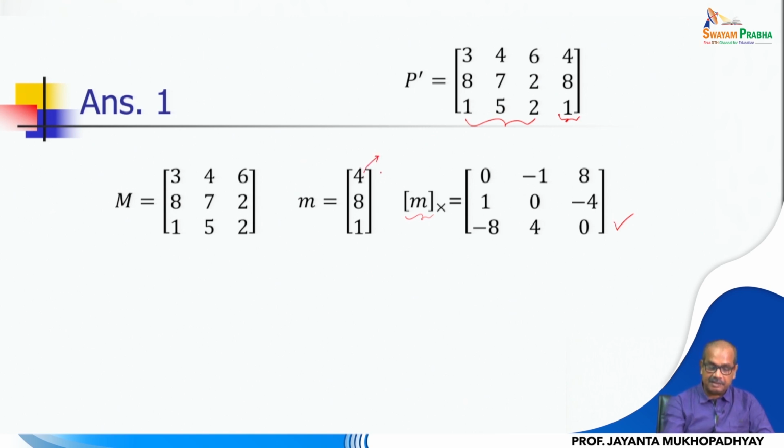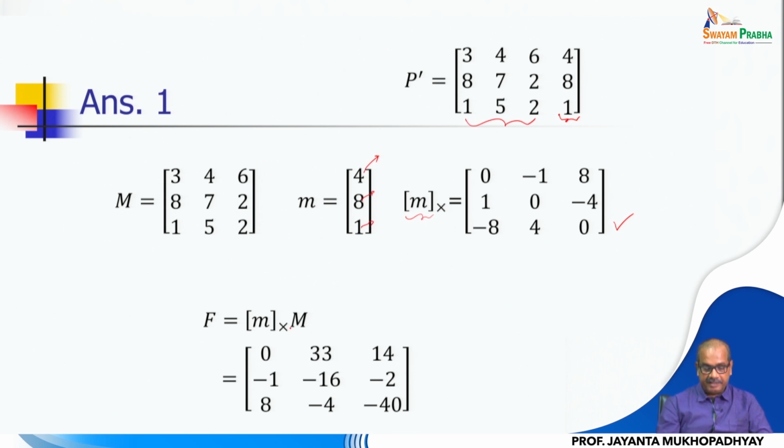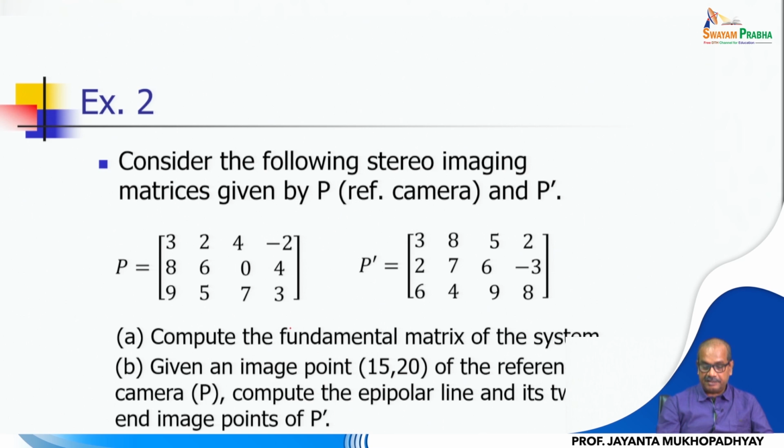This is the x component, y component, z component, and you apply the respective mapping the way it has been defined. You can derive this matrix, and then multiply it with the matrix M, and you can get this. So this is your fundamental matrix.